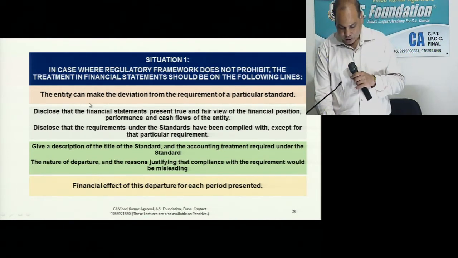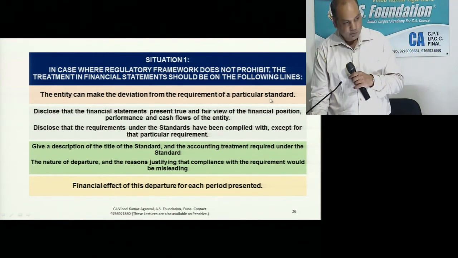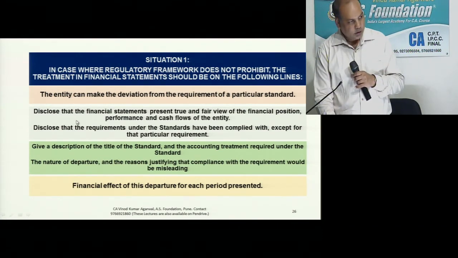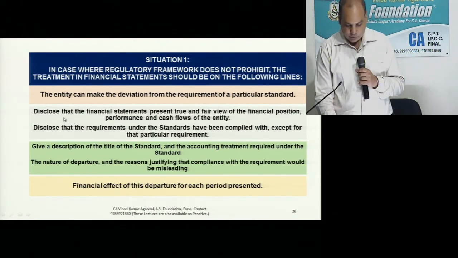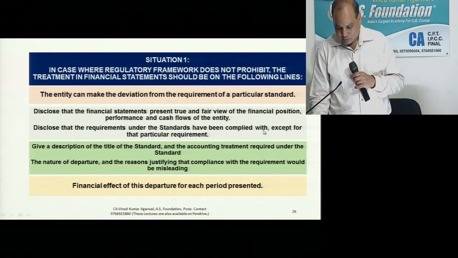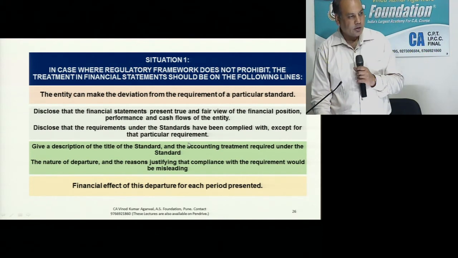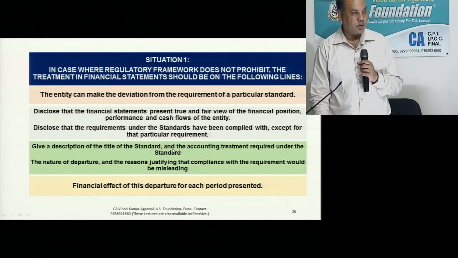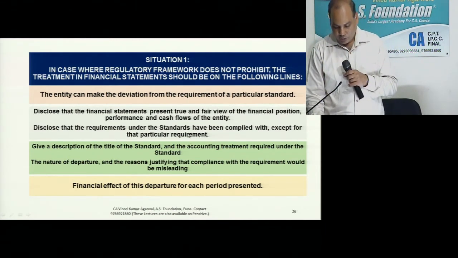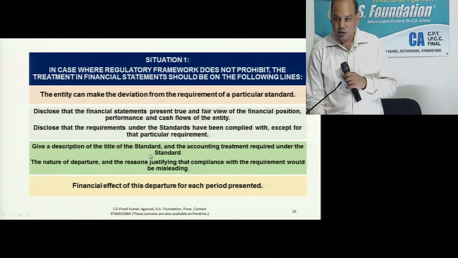The entity can make the deviation from the requirement of a particular standard if it is allowed by the law. But in that case, you have to write a note in the notes to account. You have to disclose that the financial statement shows a true and fair view of financial position, performance and cash flow of the entity. Then you have to add one more line: it discloses that requirements under the standards have been complied with except for the particular requirement. So that disclosure you have to give, for that particular item where you have deviated from Ind AS. Give a description of the title of the standard.